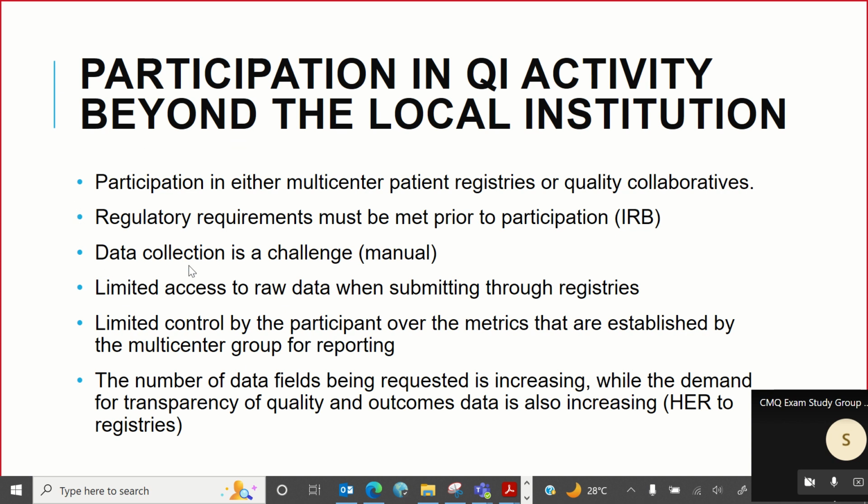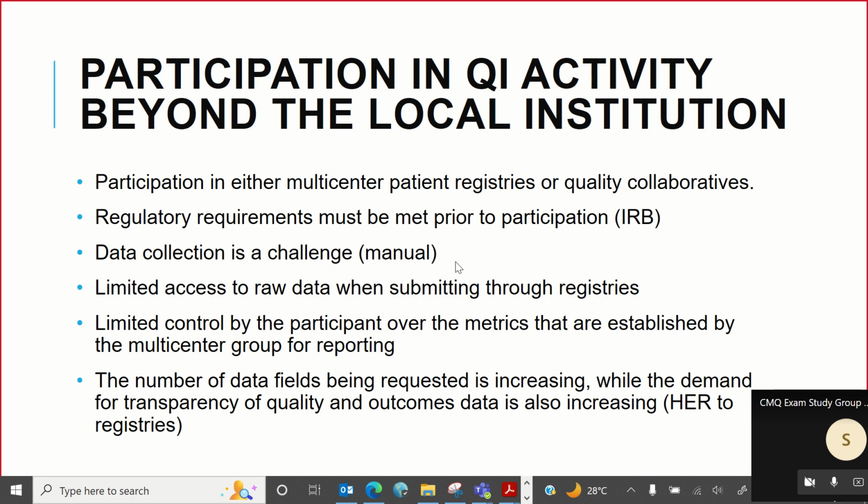And then it says data collection is usually a challenge when you are part of a multi-center or quality collaborative. The reason is that the data collection sometimes is manual, so you need to collect data manually and then upload it or send it to that data entry team separately.